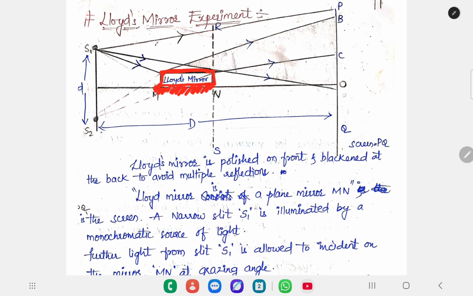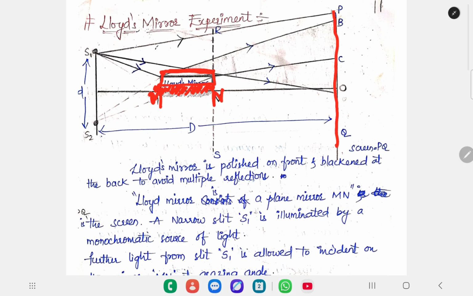So to avoid these multiple reflections we are blackening the back end, and polishing the front end to get nice reflections. This is termed as MN. This is a screen on which we can see the pattern. The screen is named as PQ.